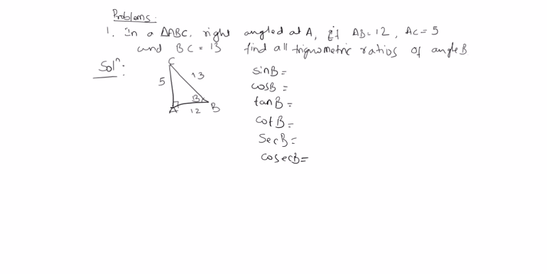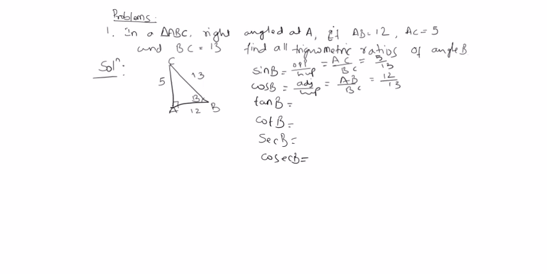Sine will be opposite by hypotenuse, which means AC by BC. This is equal to 5 by 13. Similarly, cos will be taken as adjacent by hypotenuse, which is equal to AB by BC, which we can write as 12 by 13.